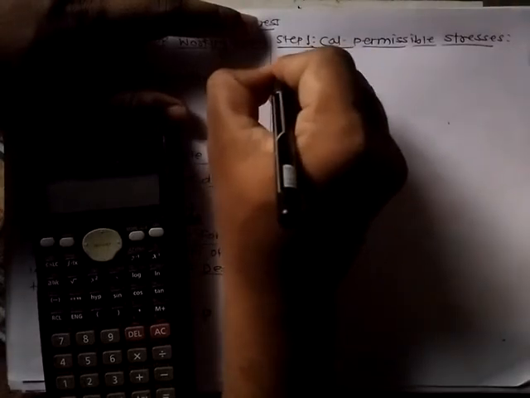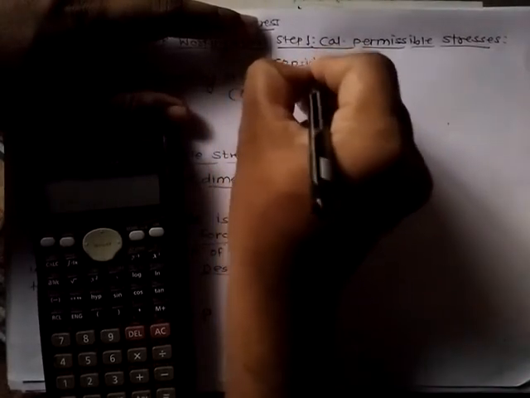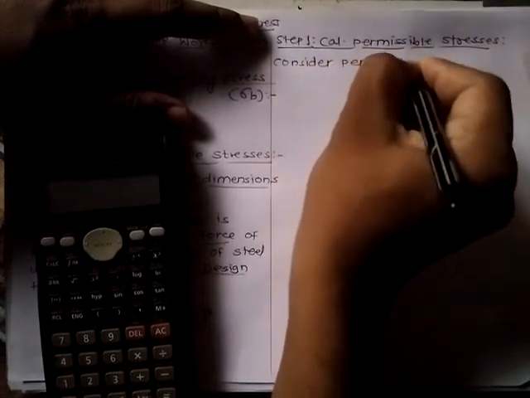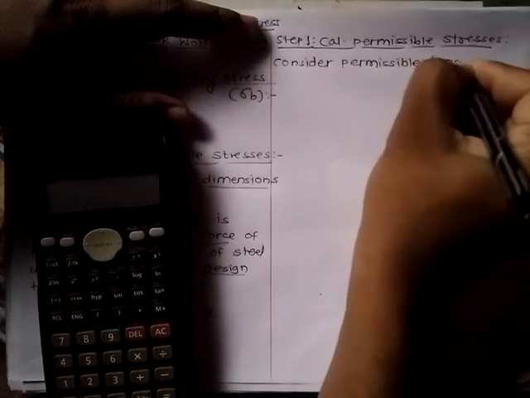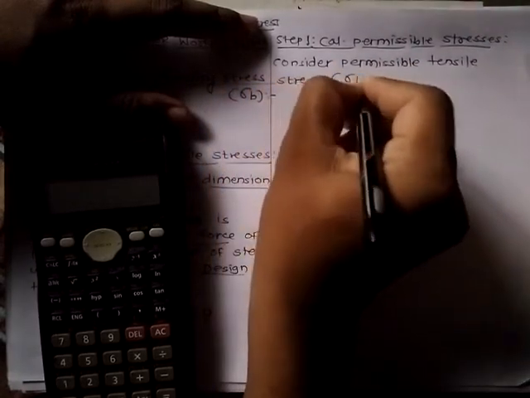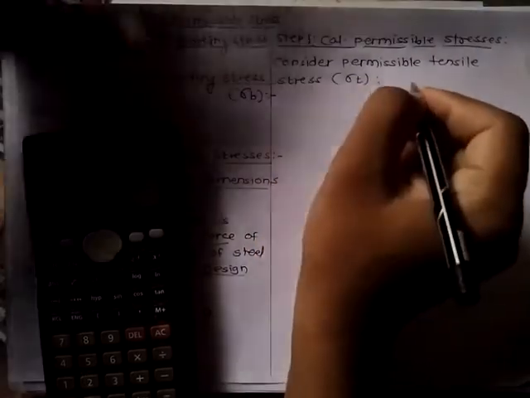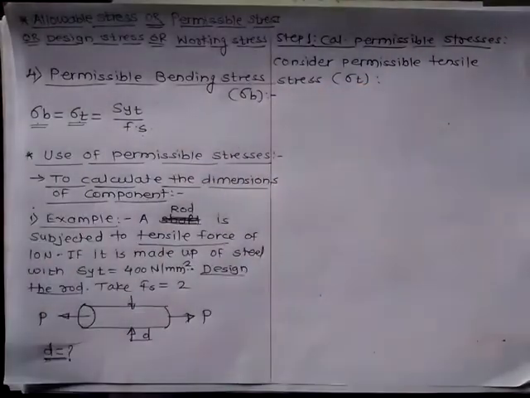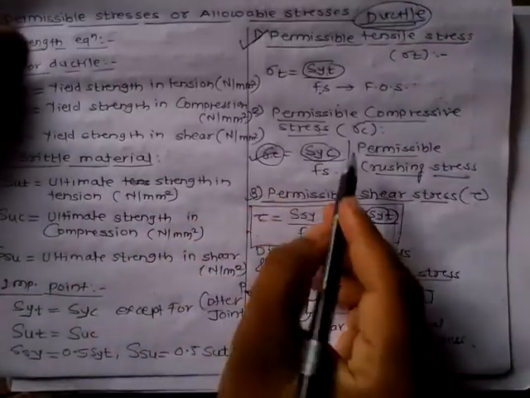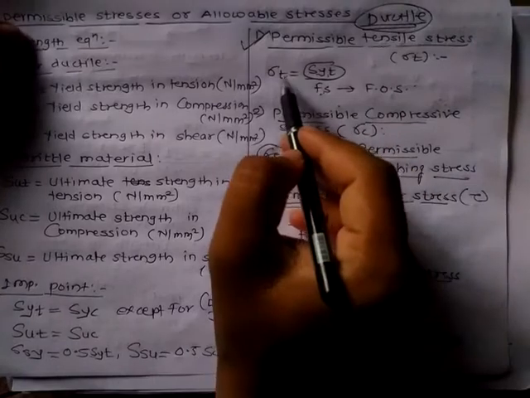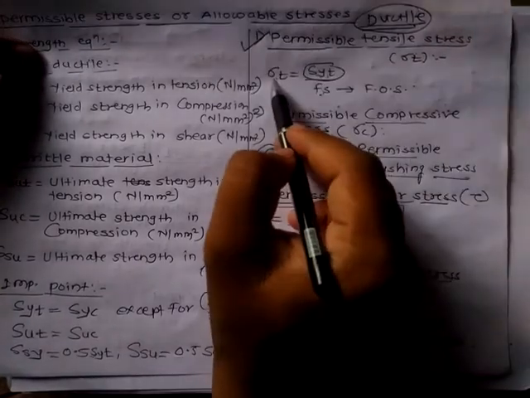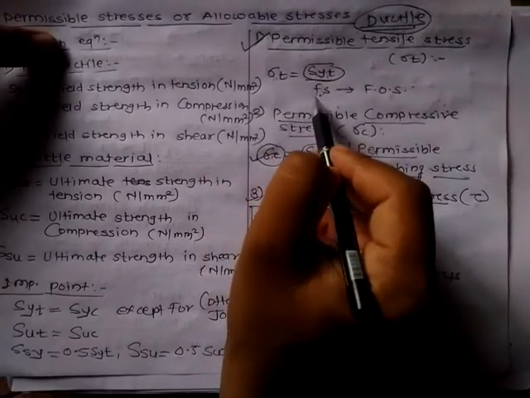So consider permissible tensile stress. We know that it is denoted by sigma t, and already in the previous part we have seen that the permissible tensile stress for a ductile material, as the material is steel in our case, is given as SYT upon Fs.